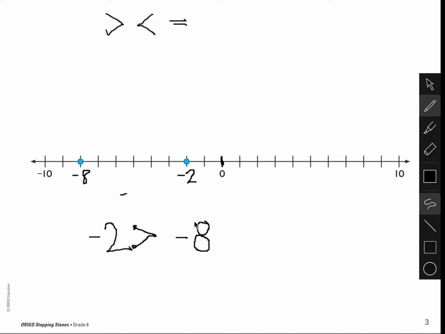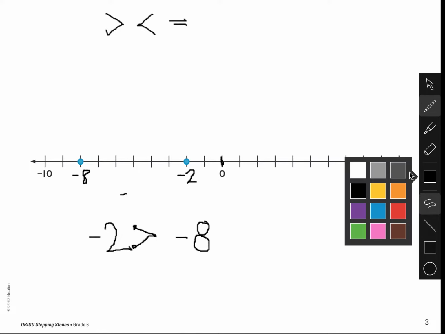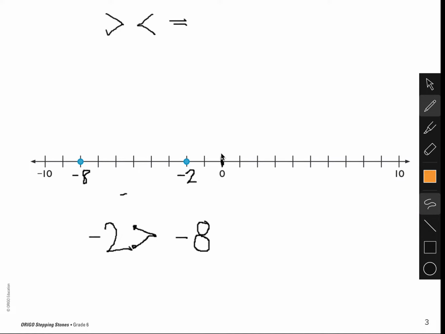Okay, so how far is -2 from 0? What is this distance here? How many units is it away from 0? 2. Now what about -8? How far is that value from 0? 8.